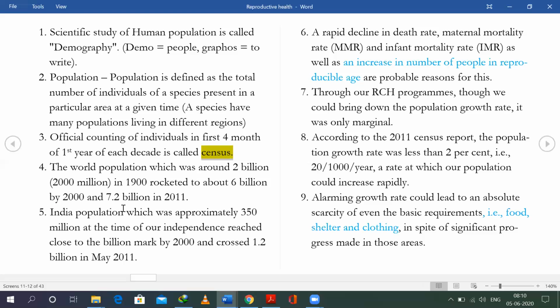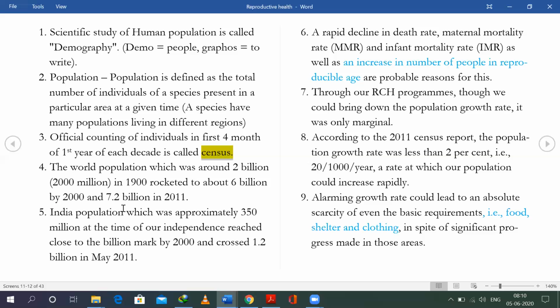You can see significant strides in the population numbers. In just 1990 the population was just 2 billion, and by 2000 it is 6 billion, and in just a decade it has climbed up to 7.2 billion.